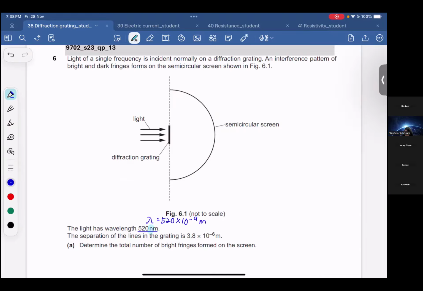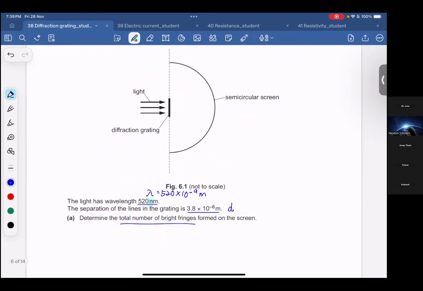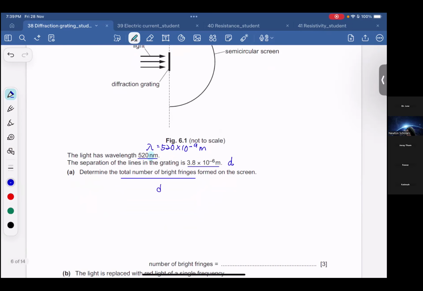Then the separation of the lines. This one is already giving you d, so we don't need to do any calculation for d equals 1 over N, because this is d already, the separation of the lines. Next, the total number of bright fringes: how many bright dots we can observe on the screen. Here we use the formula d sin theta equals n lambda.